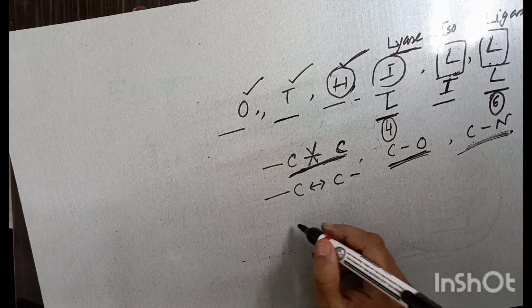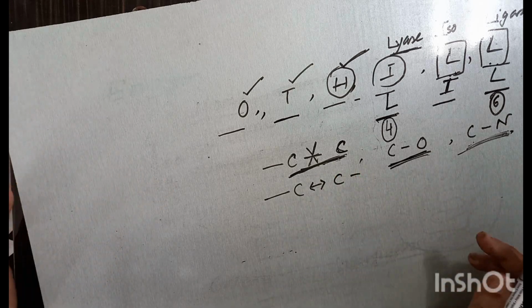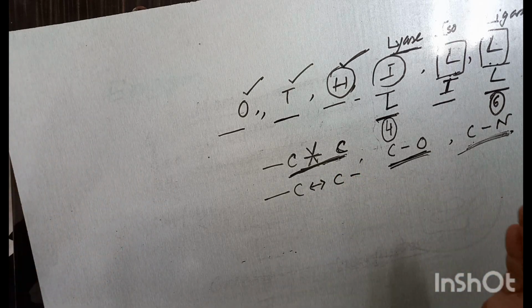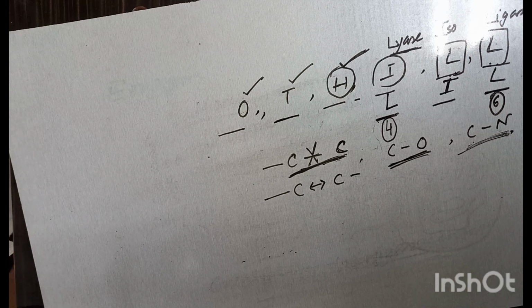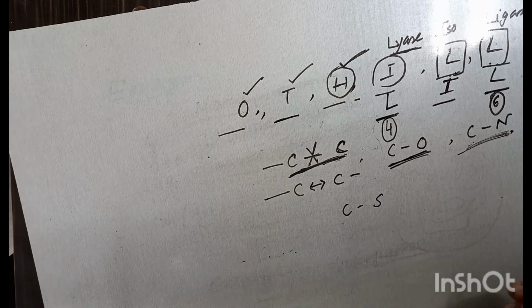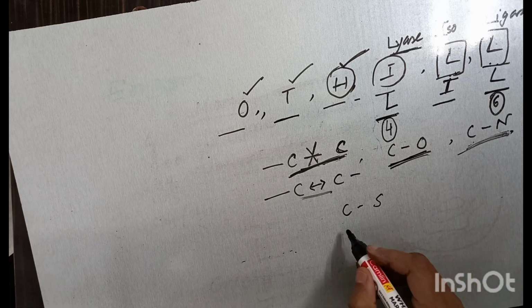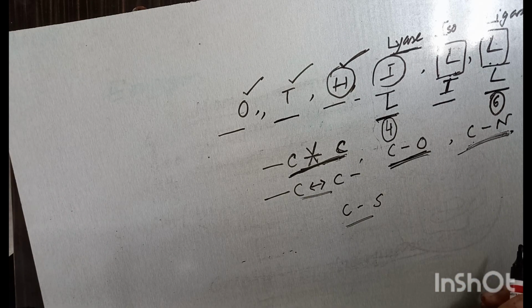The enzymes that form bonds between carbon and oxygen, carbon and carbon, and carbon and nitrogen. There is one more ligase, which are carbon-sulfur ligases. So in case of ligases, we will have 4 types: carbon-carbon ligases, carbon-oxygen, carbon-nitrogen, and carbon-sulfur ligases.